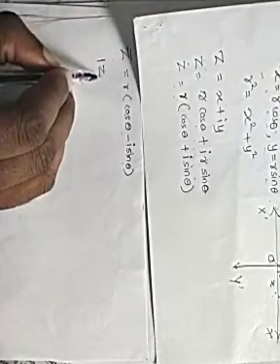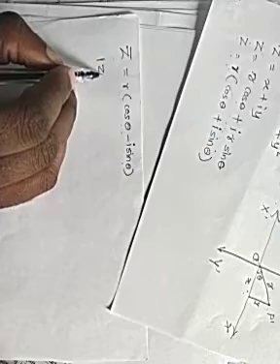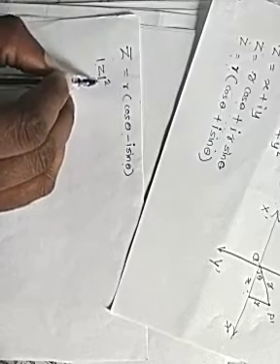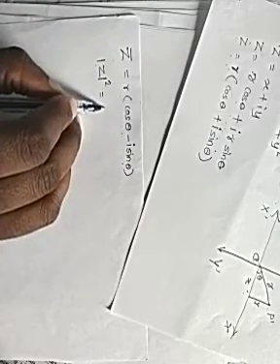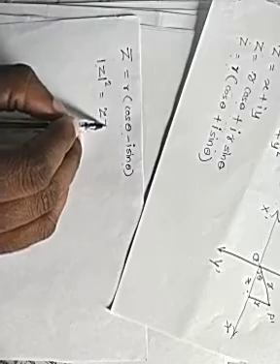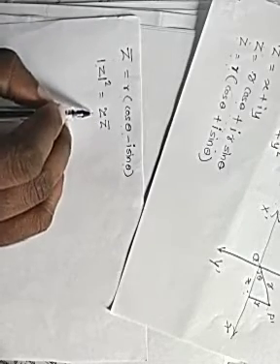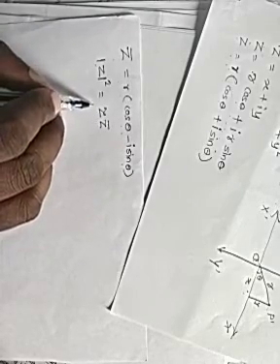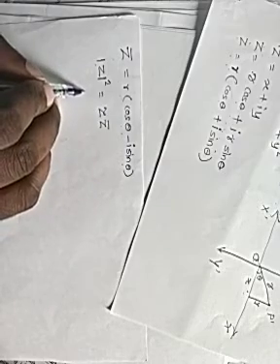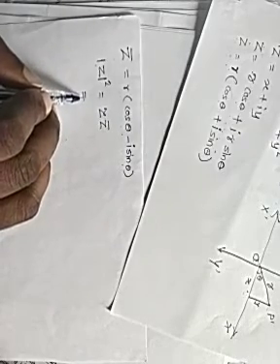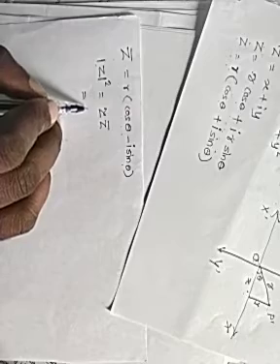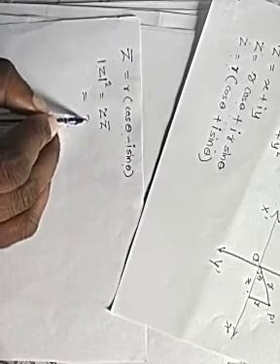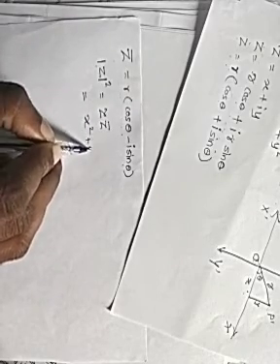Therefore, mod of z square is equal to z into z bar, and we know this is also given by x square plus y square.